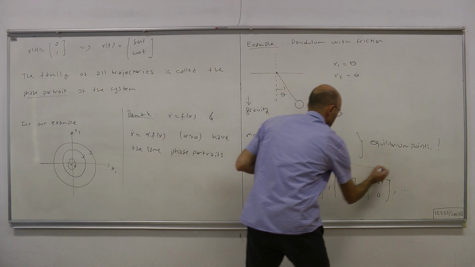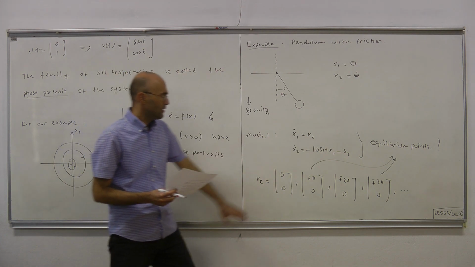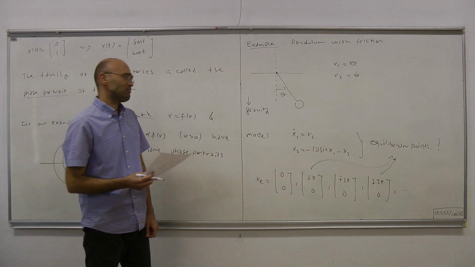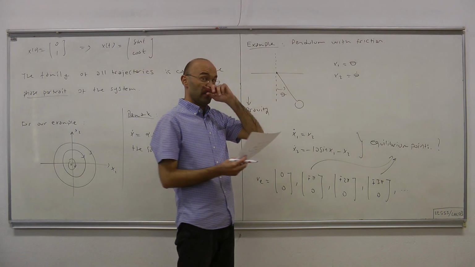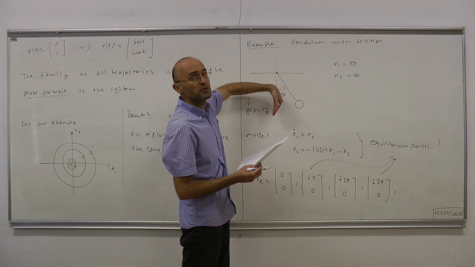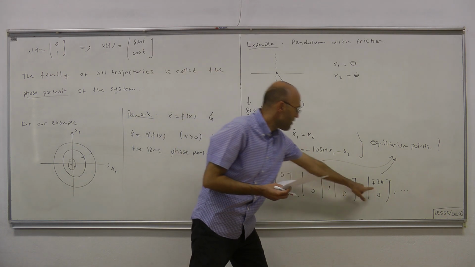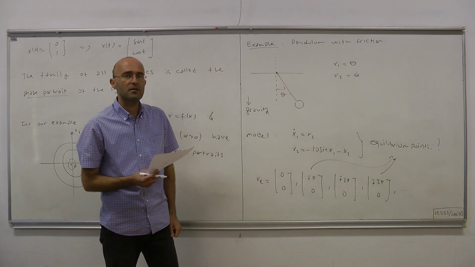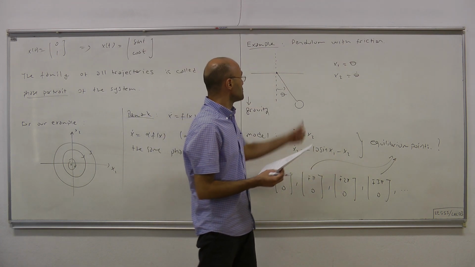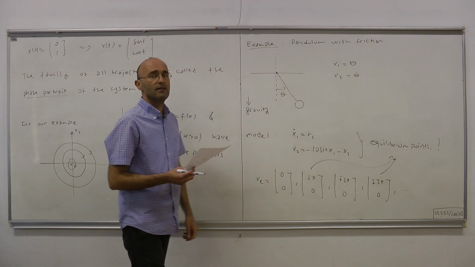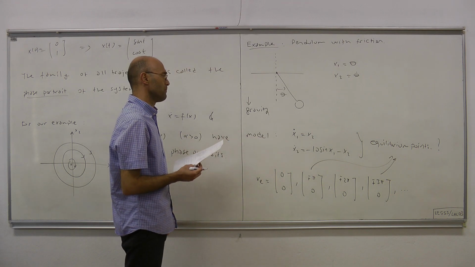Now, even though mathematically we have infinitely many equilibrium points, physically, in the physical world, we have only two. One of them is the one that points down, the other is the one that points up. The odd multiples of pi correspond to the upward equilibrium point, and the even multiples of pi for the first entry correspond to the downward stable equilibrium point.